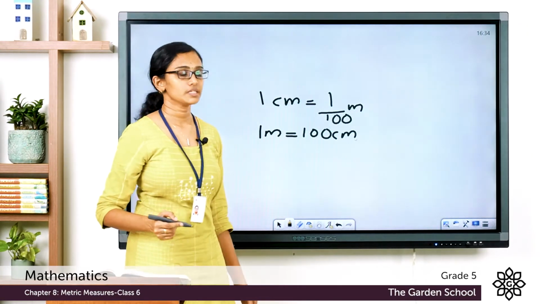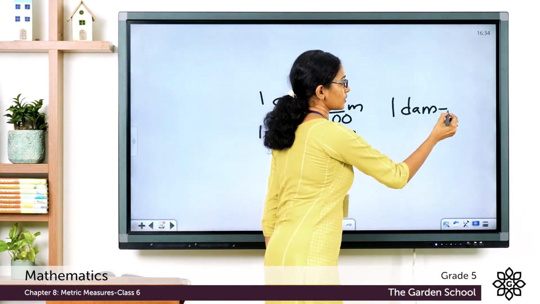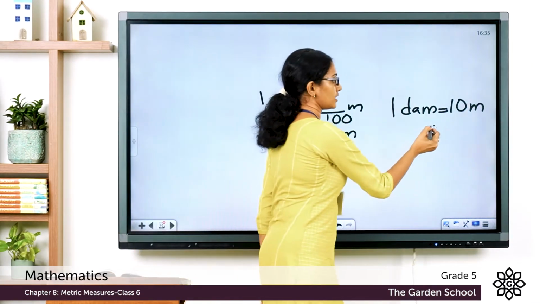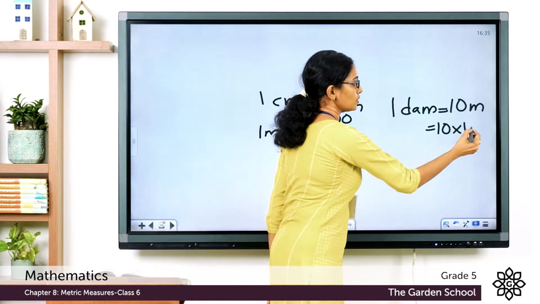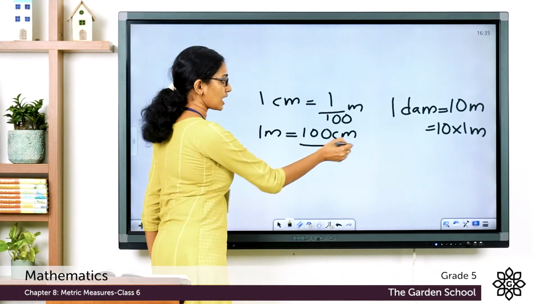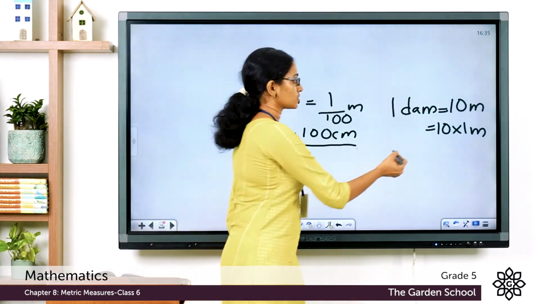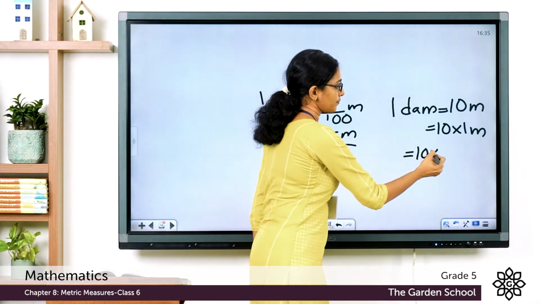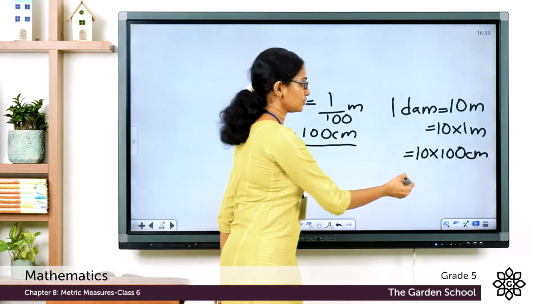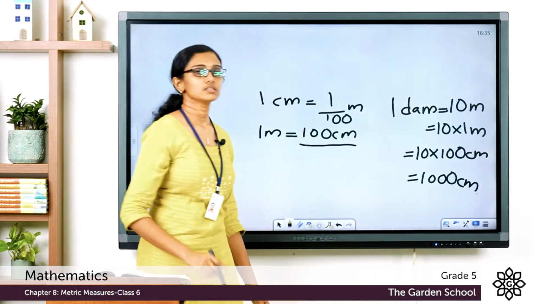Now what about a decameter? 1 decameter is equal to 10 meters, or you can write that as 10 into 1 meter. Now let's replace this 1 meter with 100 centimeters, because 1 meter is equal to 100 centimeters. So we can rewrite this as 10 into 100 centimeters, which is equal to 1000 centimeters.